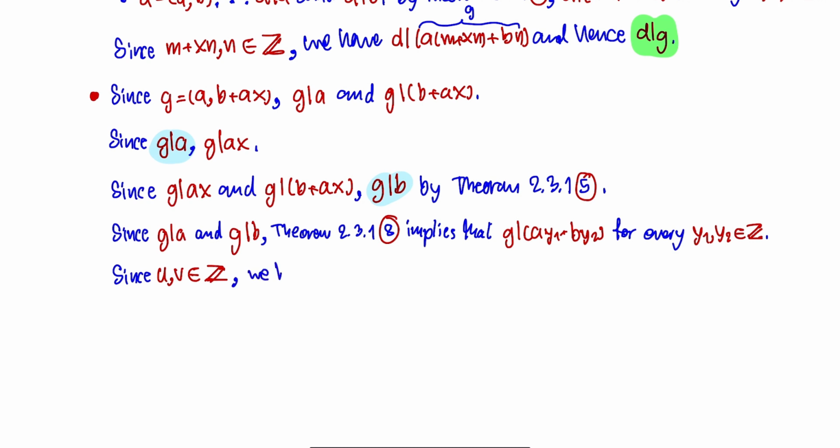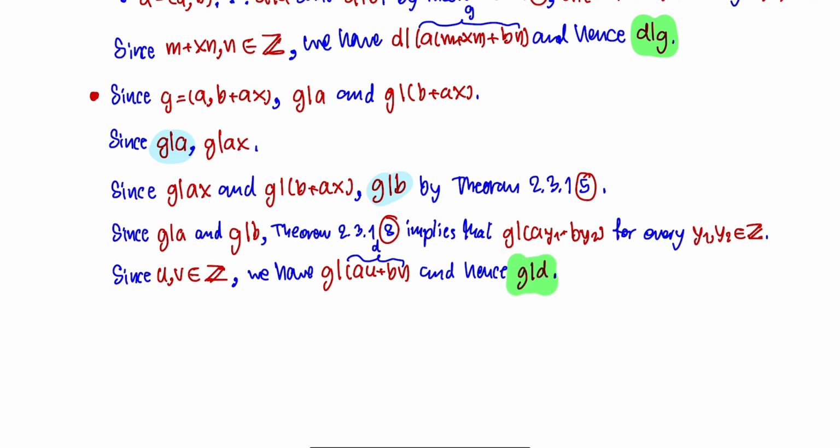We have G divides au plus bv. Okay, and hence this term right here is D, right? It is D, so we're going to have G divides D. Okay, G divides D. So that's what we have right here.